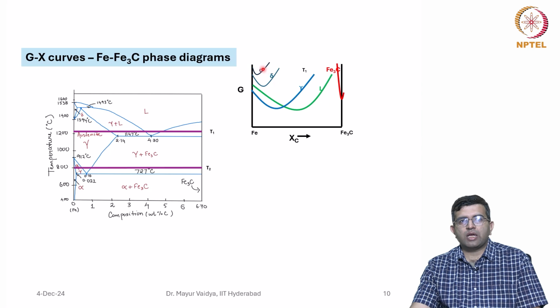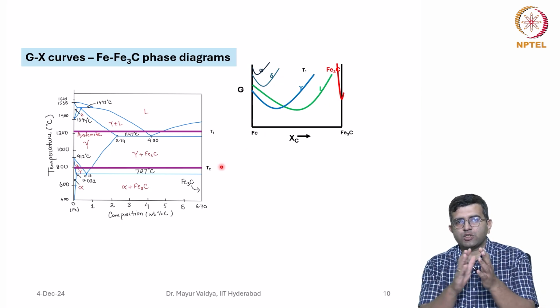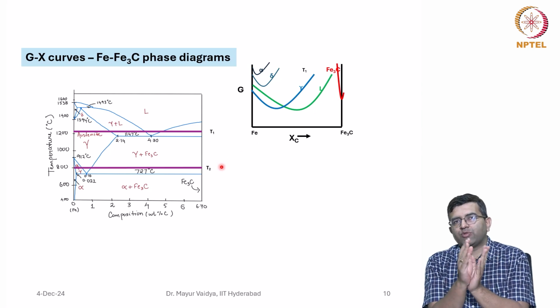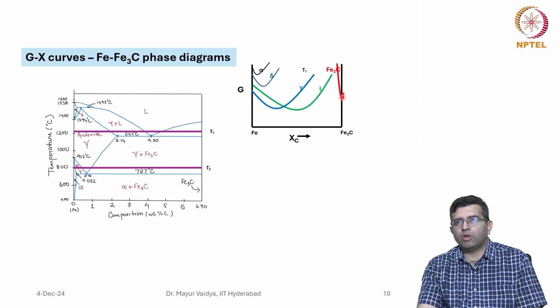Because alpha and delta are only stable for a small carbon percentage, we have drawn them like this, so that after a certain carbon percentage they are not stable as a single phase because the free energy is quite high. Similarly, Fe3C exists only at 6.67% carbon, and therefore its free energy curve is extremely steep. Only at this point it is lower, and then it suddenly increases.